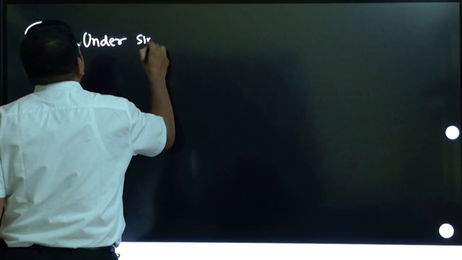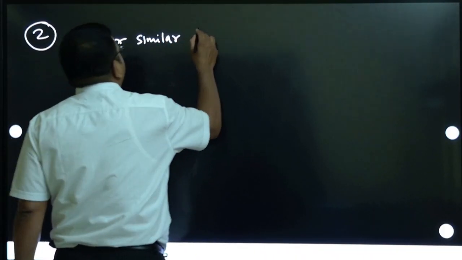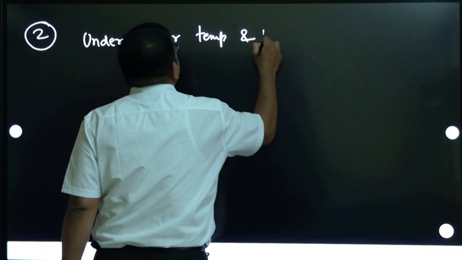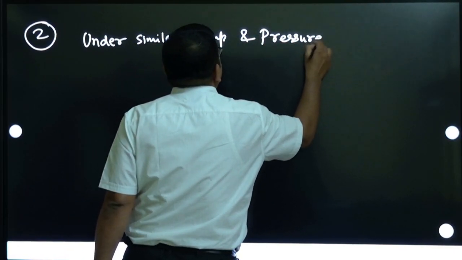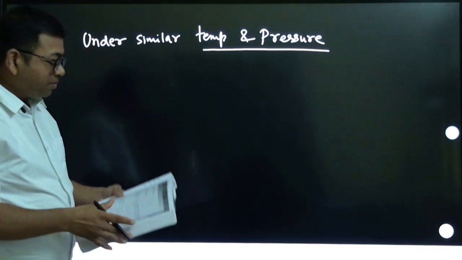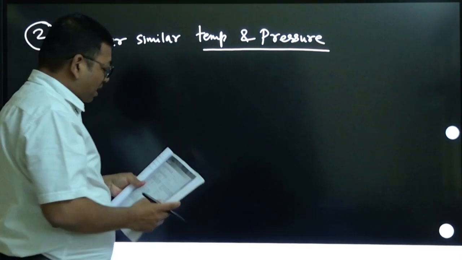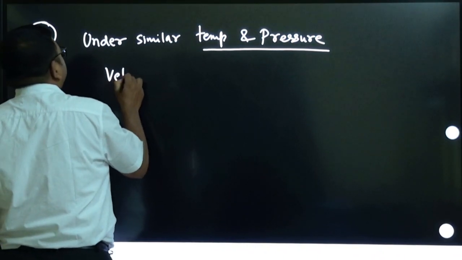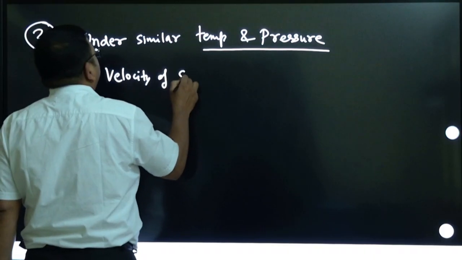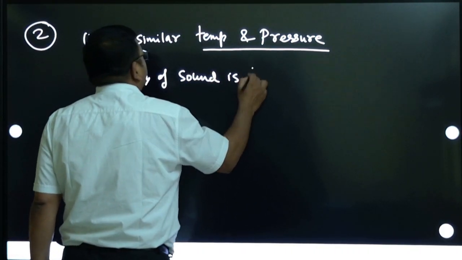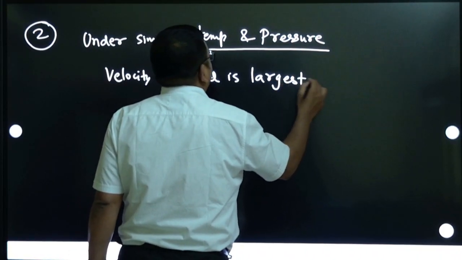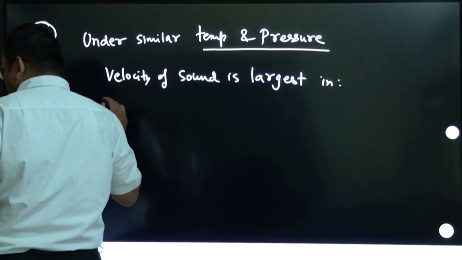Under similar condition of temperature and pressure, in which of the following gases will the velocity of sound be largest? That means the same temperature and pressure is there, and we need to find in which gas the velocity of sound is largest.